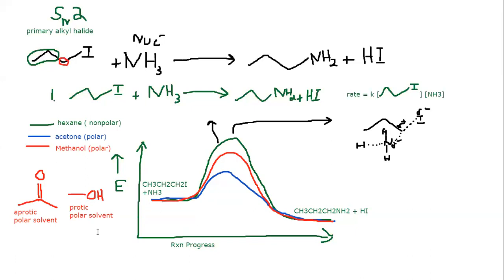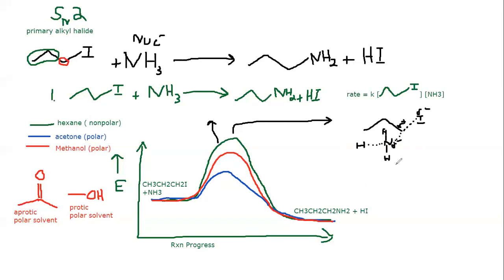And so the reason that acetone provides a lower activation energy than methanol is because if we look at the transition state, you see that the nucleophile is partially negative. And what will happen is if we use a protic polar solvent, the nucleophile may interact with the protic polar solvent through an ion dipole interaction and kind of inhibit the nucleophile from attacking the alkyl halide.